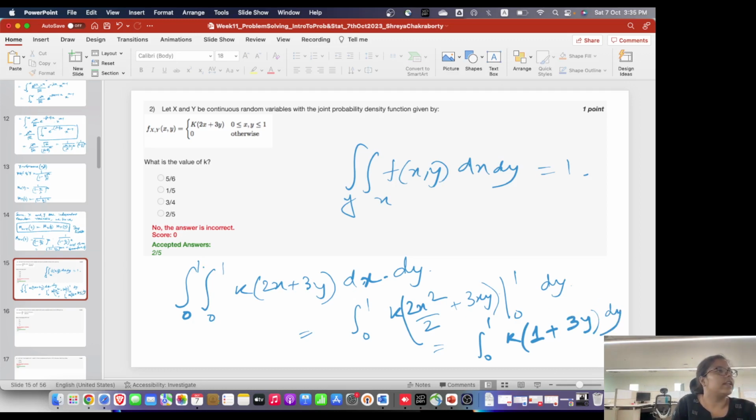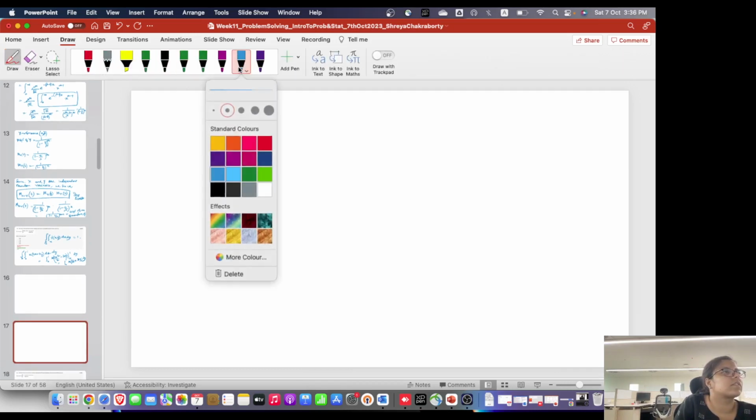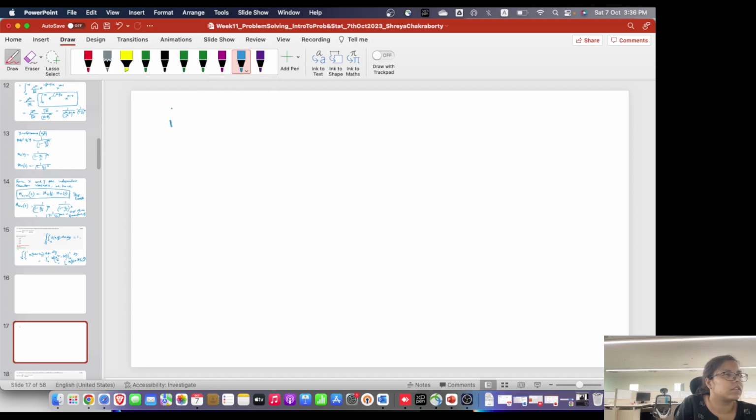Then we can write this as the integral from 0 to 1 of k(1 + 3y) dy.